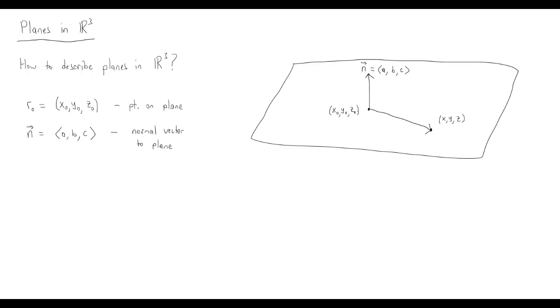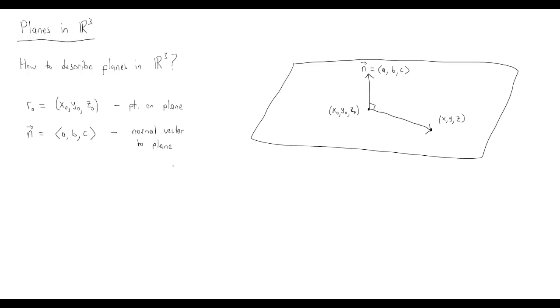And because this vector lies in the plane, the normal vector should be orthogonal to it. That holds for any point on this plane. And the idea is that a point will be on the plane only if the direction vector connecting it to this original point is orthogonal to the normal vector.